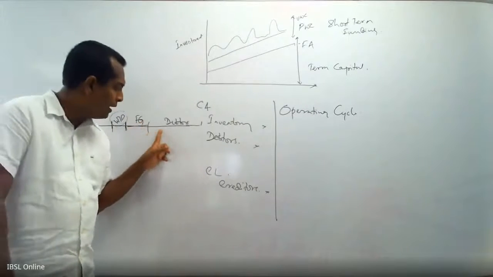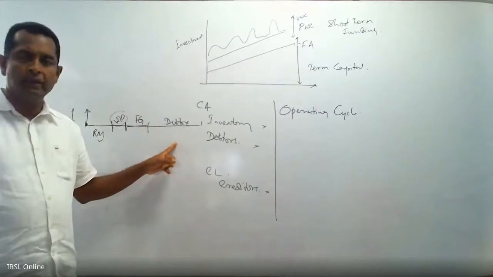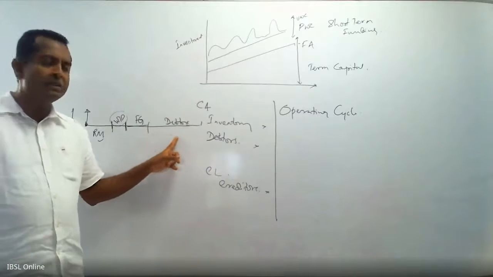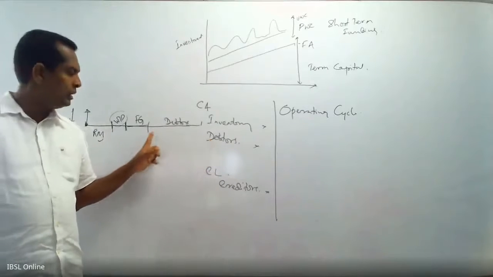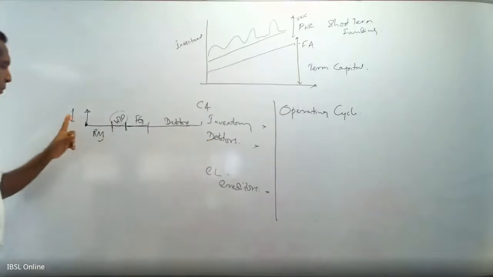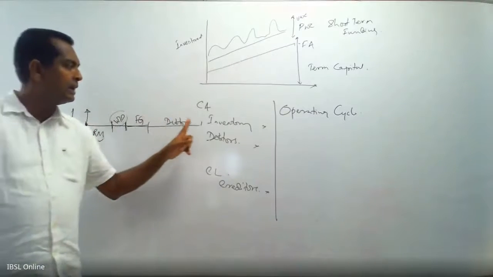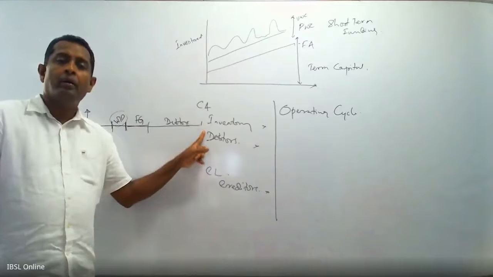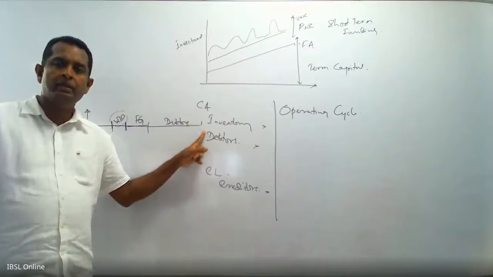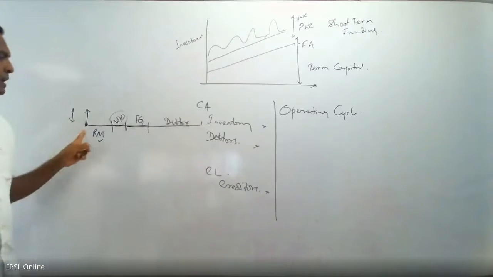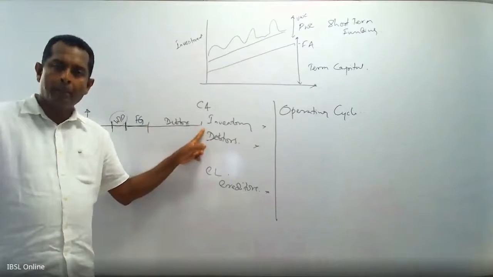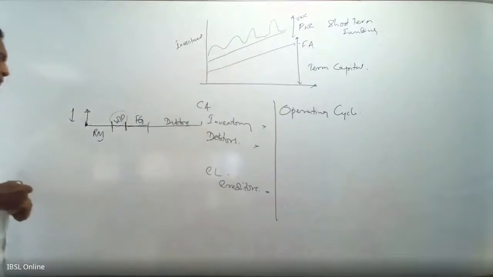Then once your goods go out of the factory, it becomes a credit sale. So it is debtors. So the period from the time you invest in resources to the collection of cash from the debtors is called the operating cycle, right?